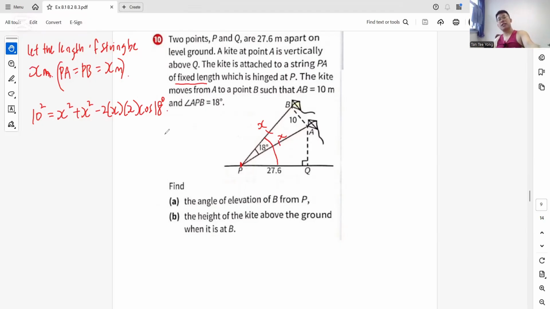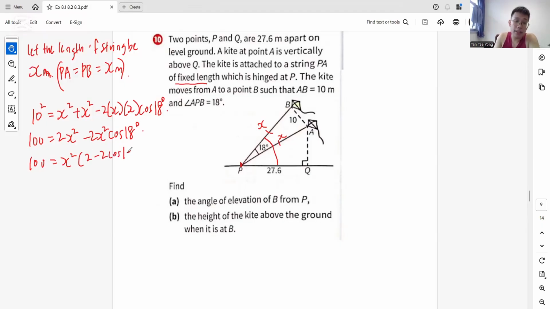We are using this because PA and PB are the same length, so this only results in one unknown, which is X. So 100 equals 2X squared minus 2X squared cosine 18 degrees. So we need to factorize our X squared. So 100 equals X squared bracket 2 minus 2 cosine 18 degrees.